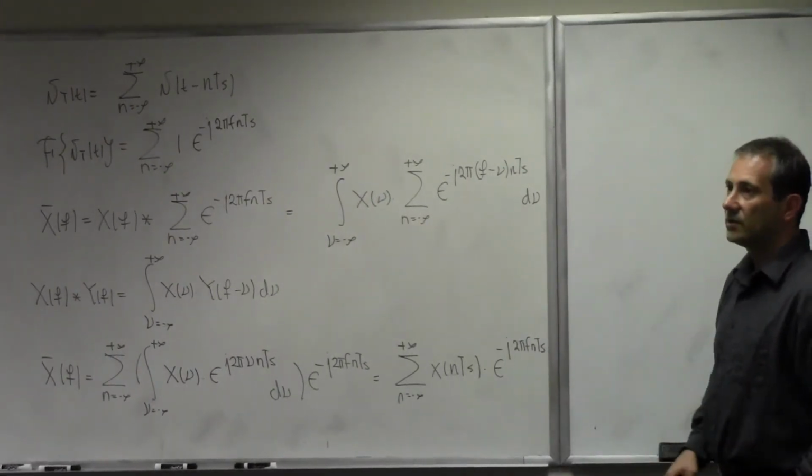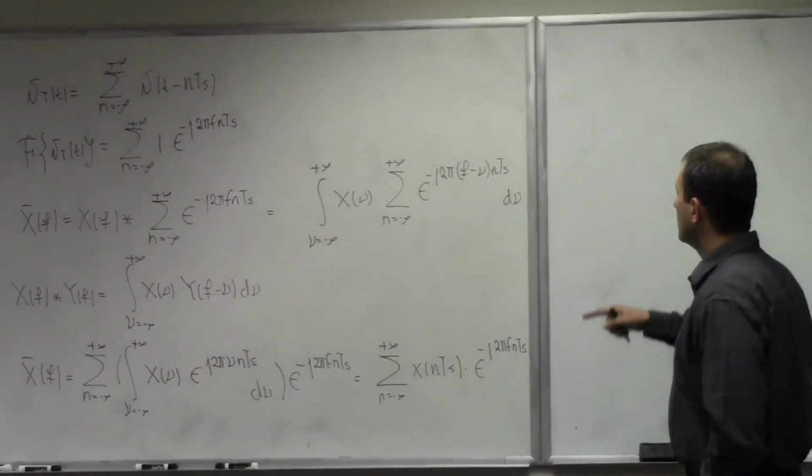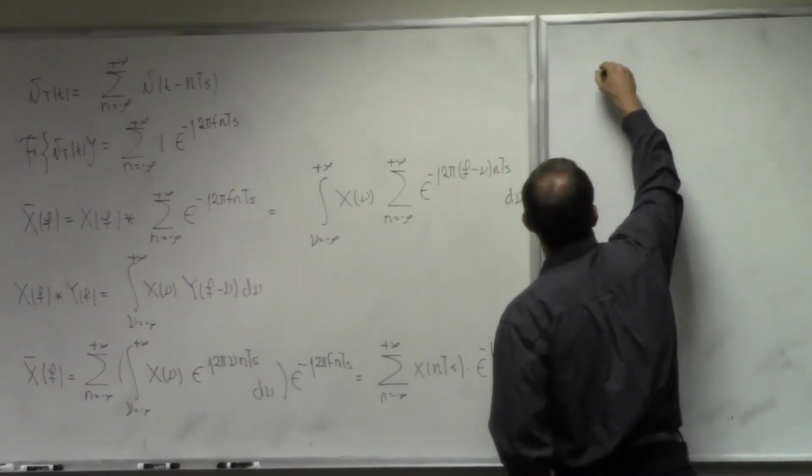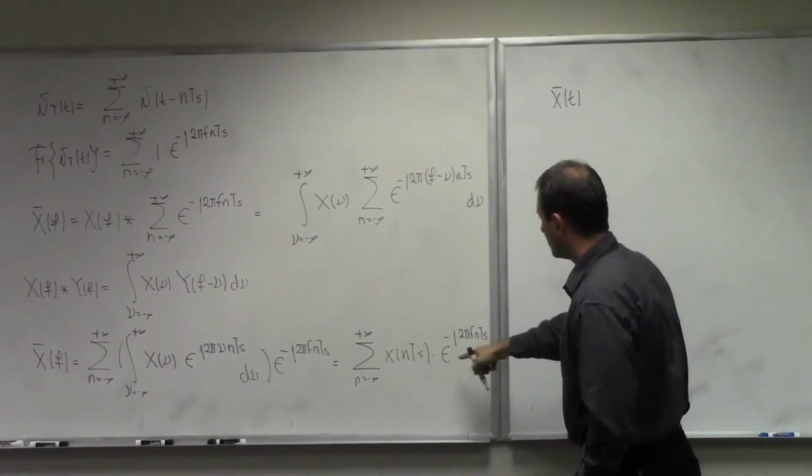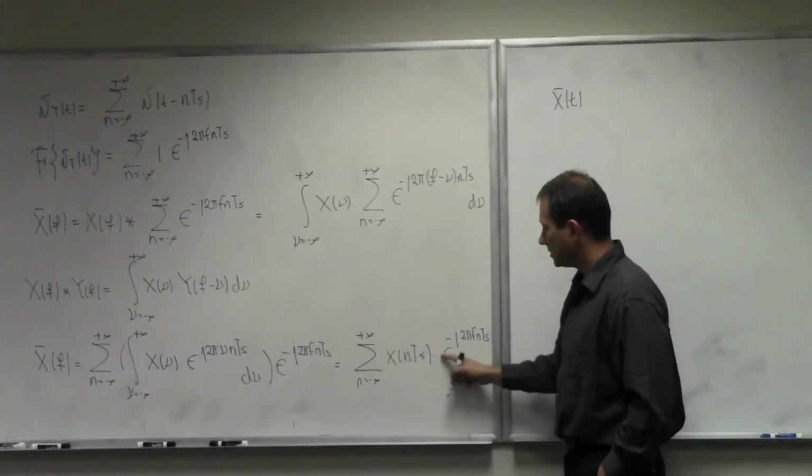Now, if I take the inverse Fourier transform of both sides, on the left-hand side I have x of t. And the inverse Fourier transform of this, x of n Ts is just a constant.